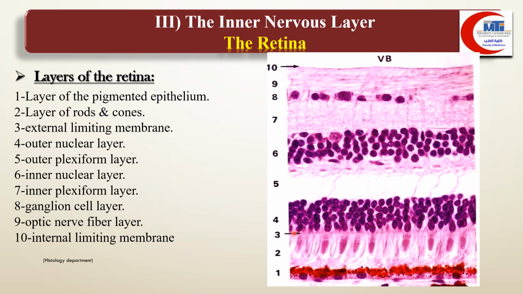Then the external limiting membrane, outer nuclear layer, outer plexiform layer, inner nuclear layer, inner plexiform layer, ganglion cell layer, optic nerve fiber layer, and finally the internal limiting membrane.